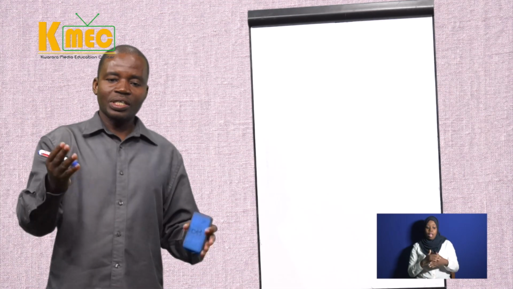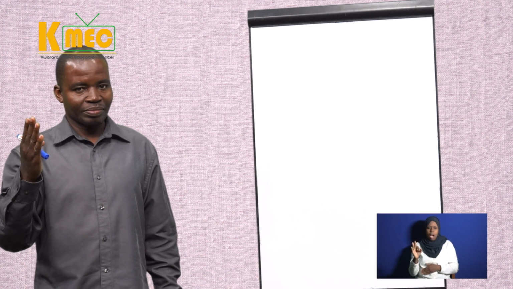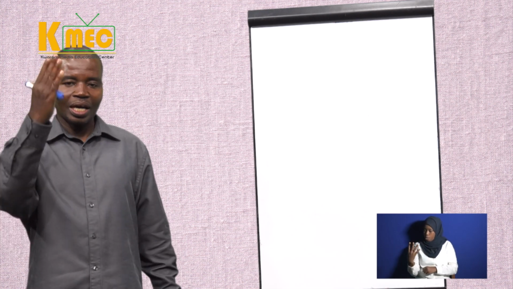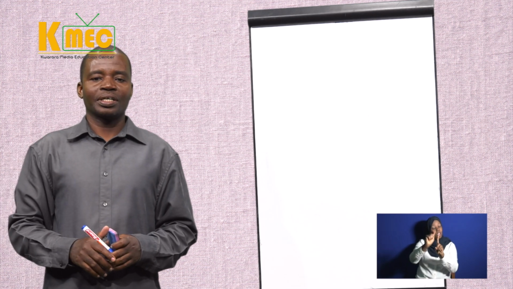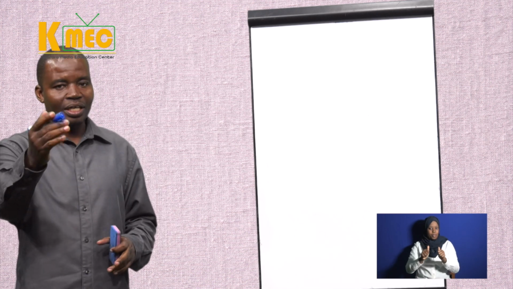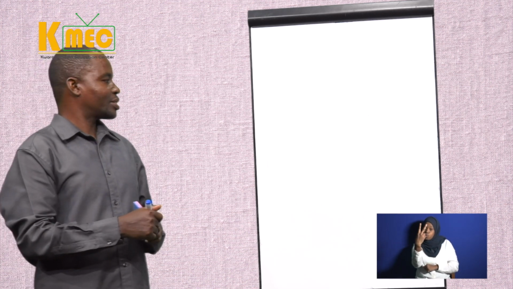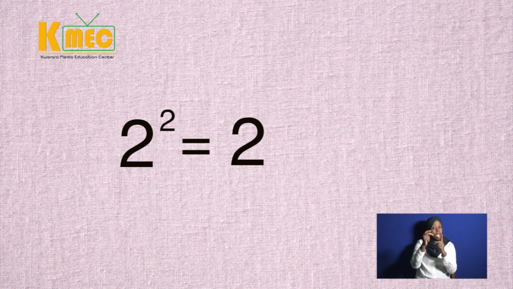Dear viewer, can you tell me how do we get 4 from the squares of numbers? Very good. It's 2 squared. So 2 squared is equal to 2 times 2.